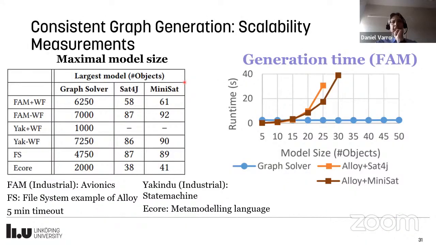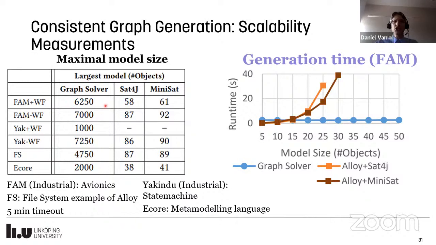Now, we have been evaluating the scalability of the solver in a couple of case studies and compared it to, in this figure, Alloy-based solutions using different kinds of SAT solvers in the background.